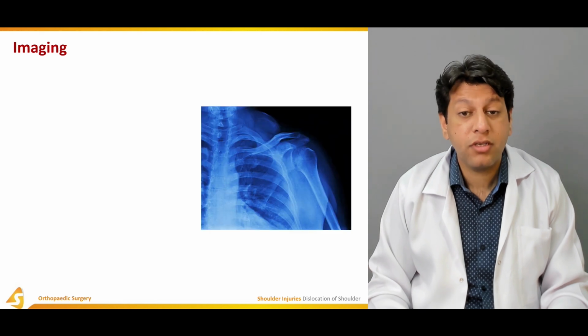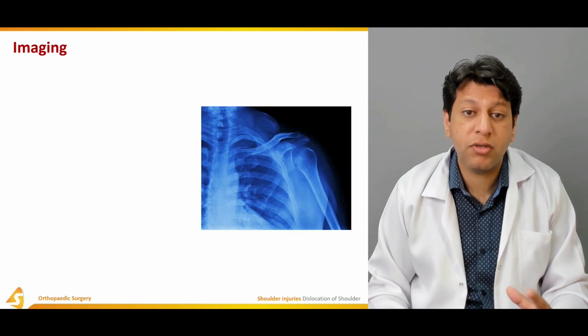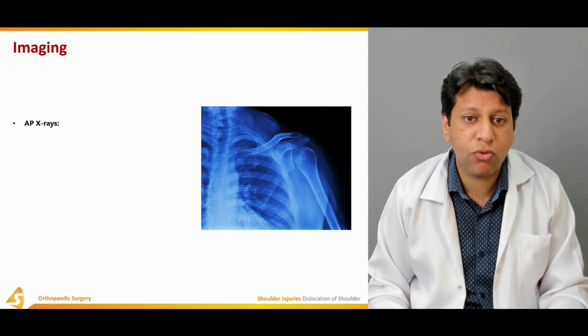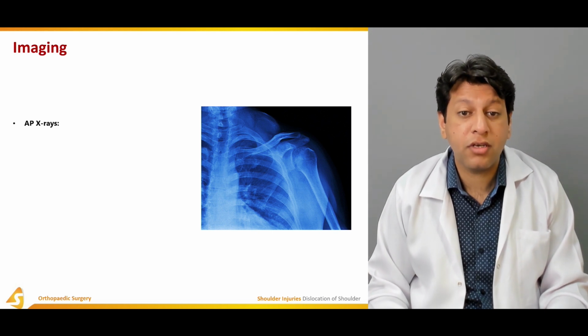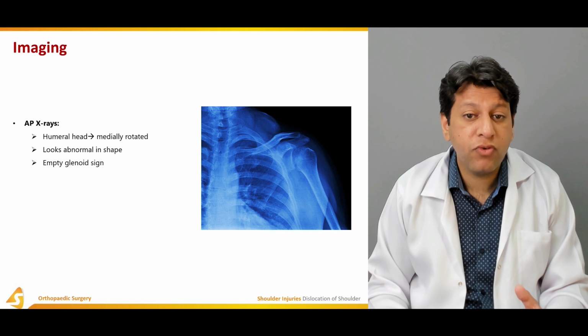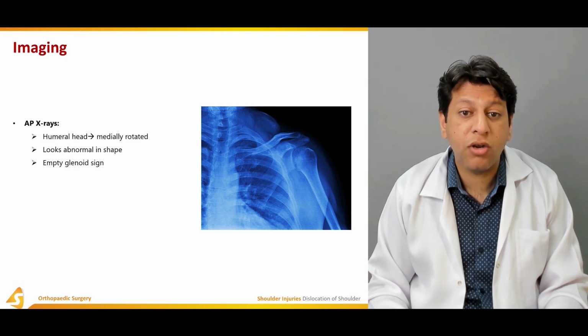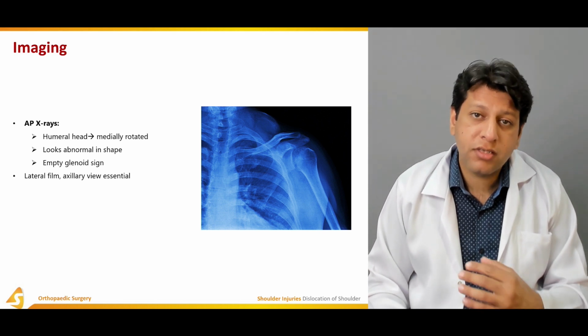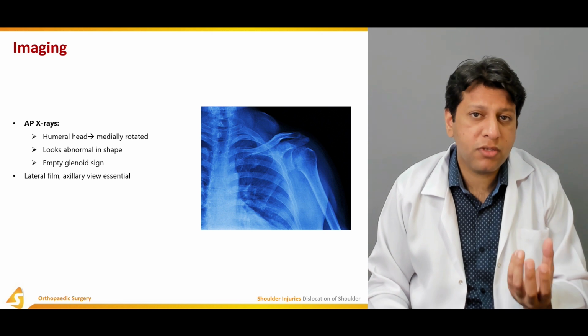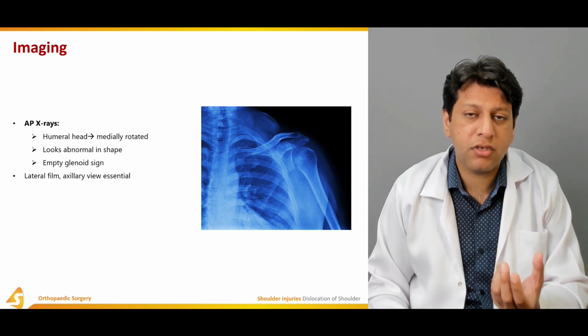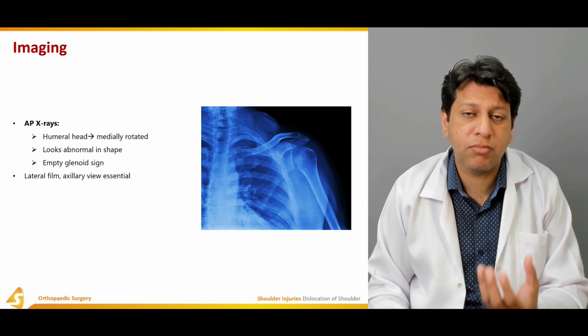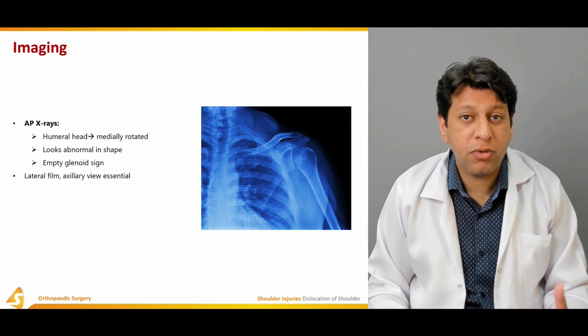Coming to the imaging, the straightforward one is an AP view of the shoulder. On the AP view, the humeral head is medially rotated and looks abnormal in shape at times, and a light-bulb sign may be seen as well. Sometimes the subluxation or dislocation may be so little that we may not be able to visualize it.